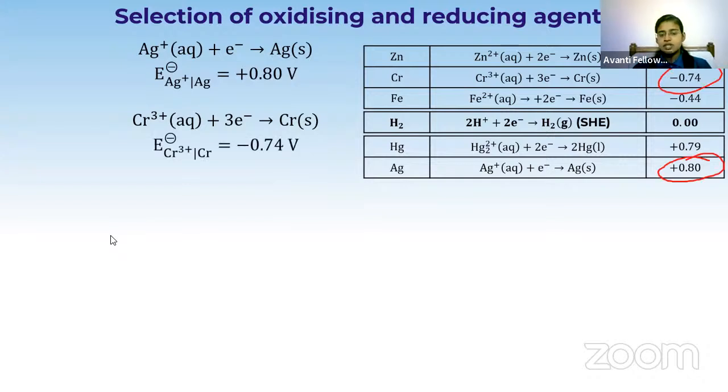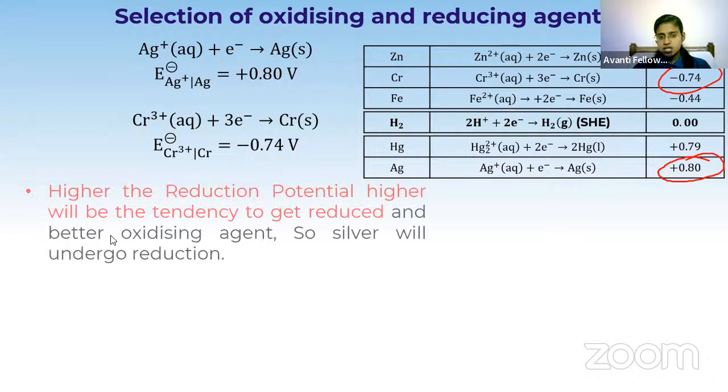If the reduction potential is higher, higher will be the tendency to get reduced and better is the oxidizing agent. Right? So among silver and chromium, silver is the strong oxidizing agent. It will undergo reduction.